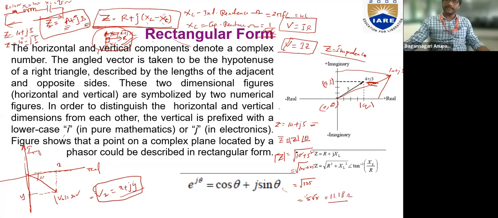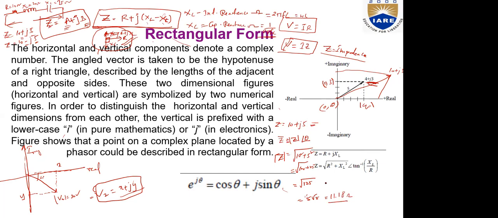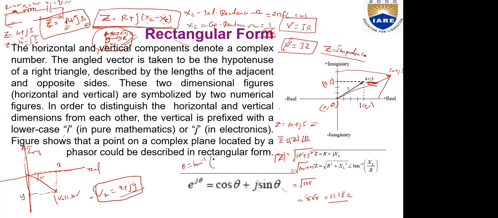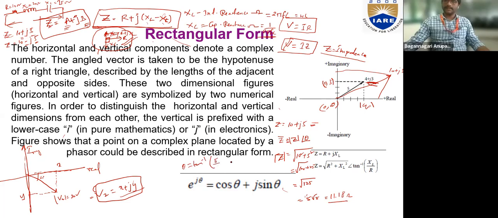How do you get the value of theta? We can use tan inverse of y by x. Yes, or the same equation: theta is equal to tan inverse of imaginary by real, that is 5 by 10. So what's the value you are going to get here? Tan inverse of 1 by 2. 45?